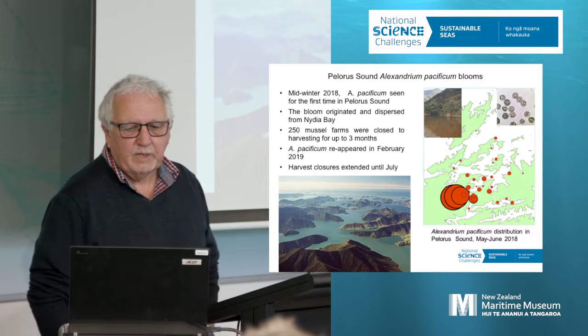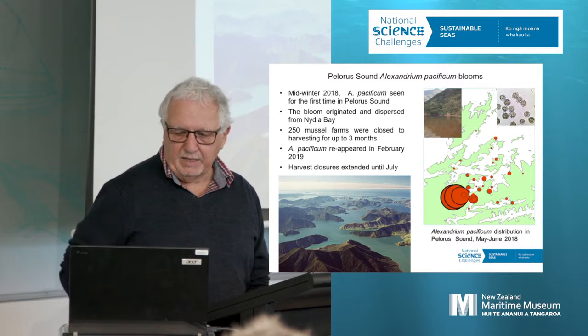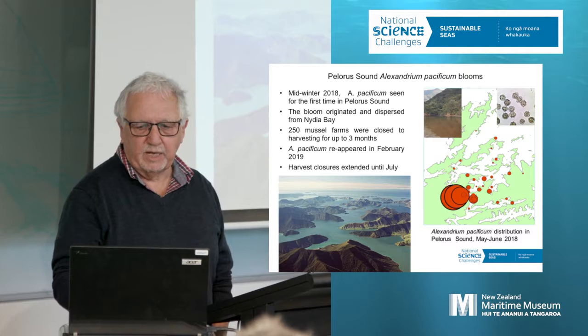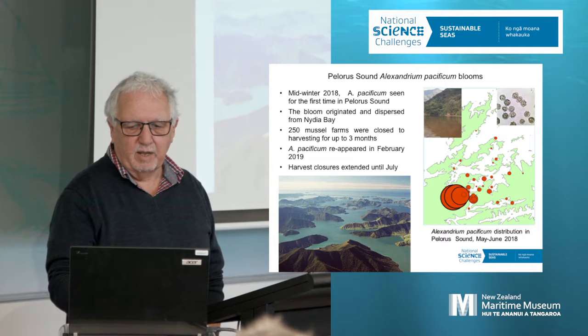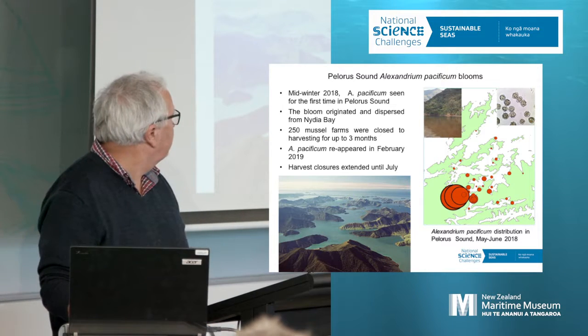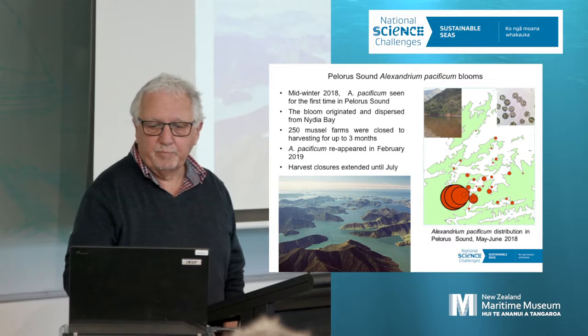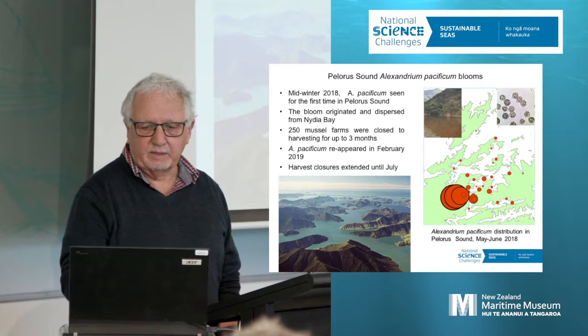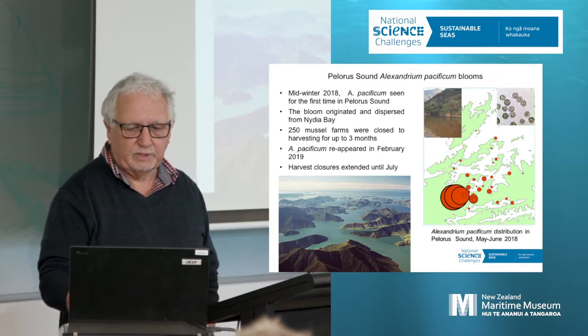The bloom appeared to originate, anyway, in a bay in the central part of Pelorus Sound, indicated there, and then spread from there and contaminated shellfish throughout the whole rest of the Sound.